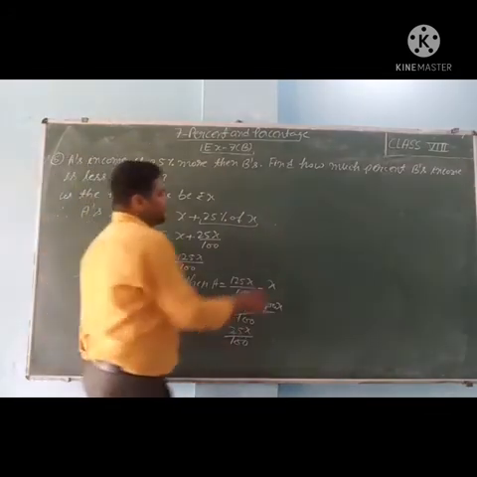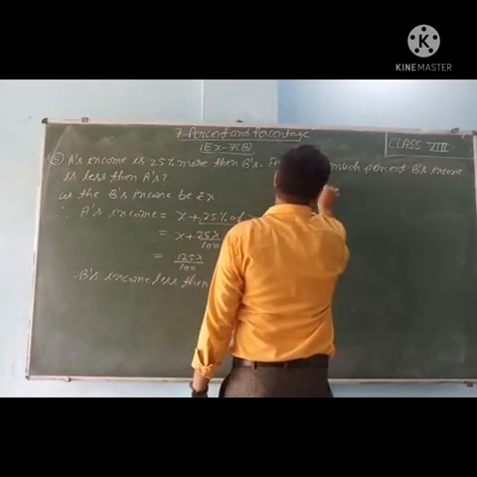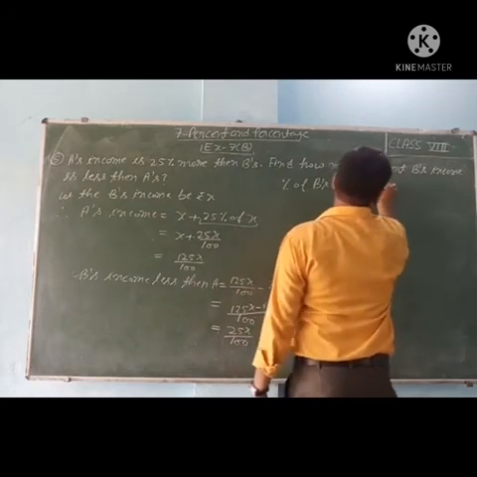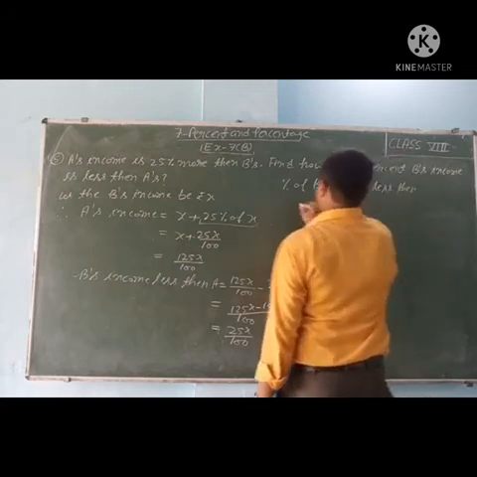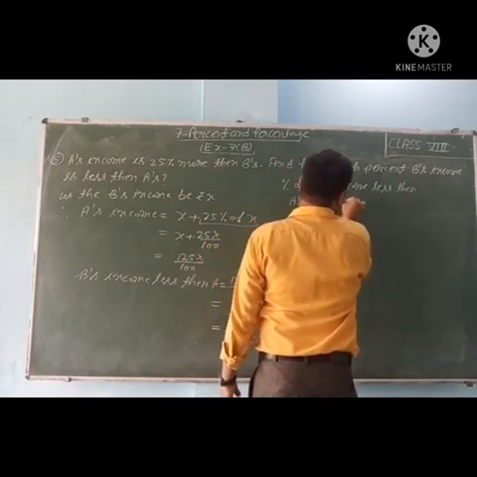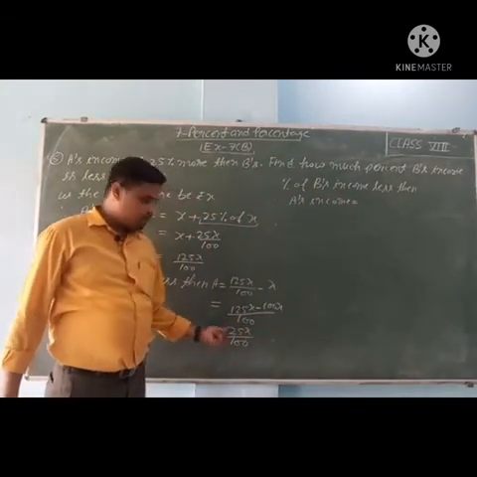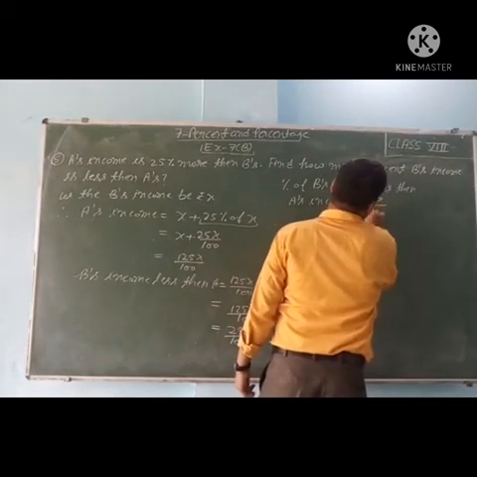So the percentage of B's income less than A's income is equal to, first how much is less? 25x upon 100 is less. So 25x upon 100.